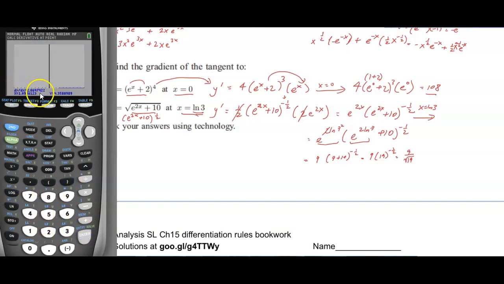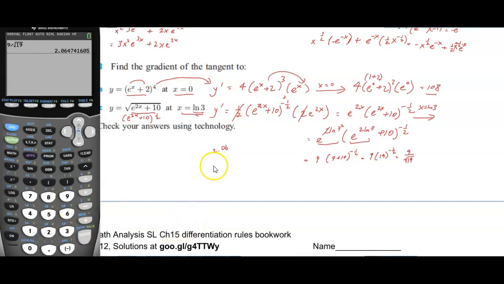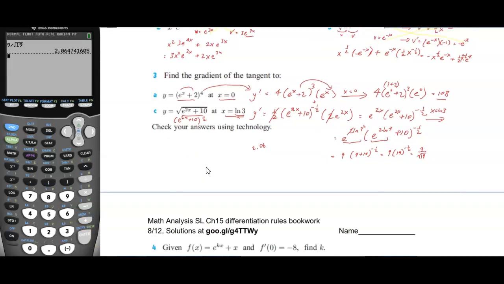And it tells me the answer is 2.06 on the calculator. And I don't know if 9 divided by the square root of 19 is the same, but let's check. 9 divided by square root of 19. Yes, it's 2.06. So we've confirmed that the answer is correct. Okay, so that's it for page 7.